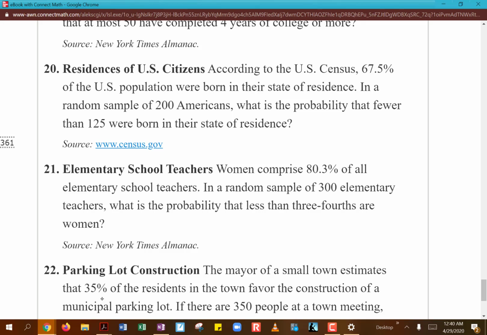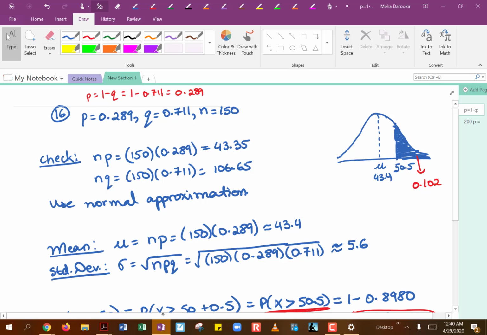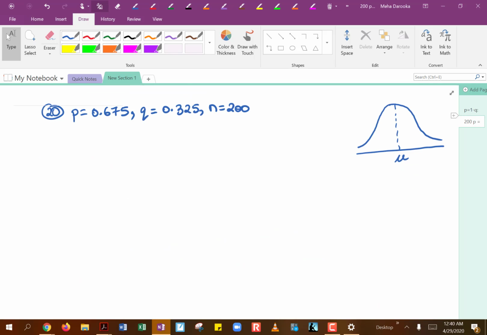I've already got all the numbers written down over here. So of course the first step we want to do is check and see if we can use normal approximation. So we multiply n times p, which is 200 times 0.675, and that comes out to be 135.